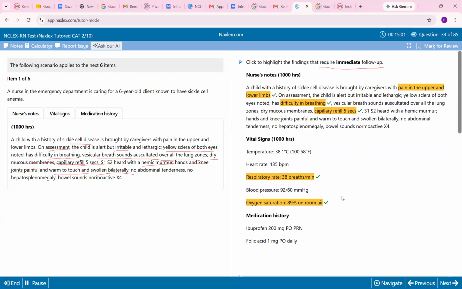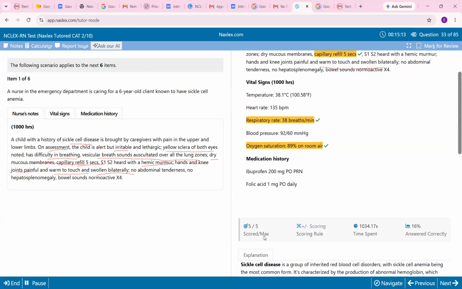What are the answers you have logged? Pain in the upper and lower limb, difficulty breathing, capillary refill, respiratory rate, oxygen saturation 89%. How much marks did you score? See the difference. Fine. So was your analysis good or confusing? Slightly confusing.